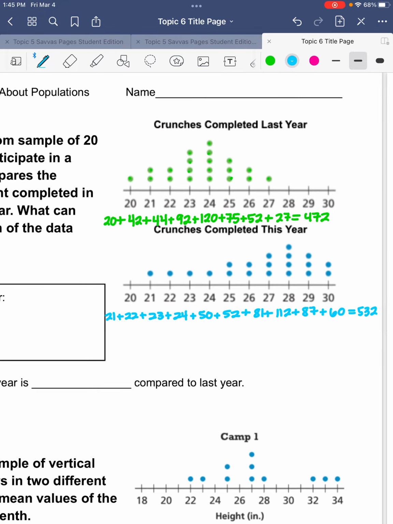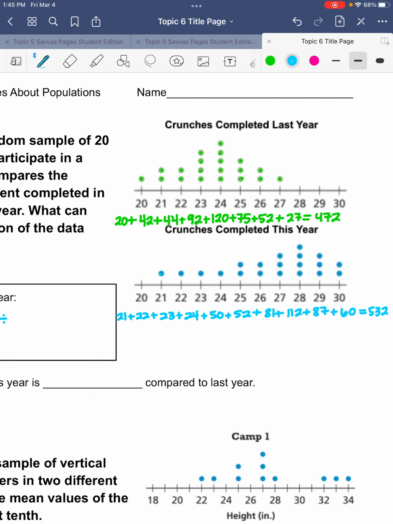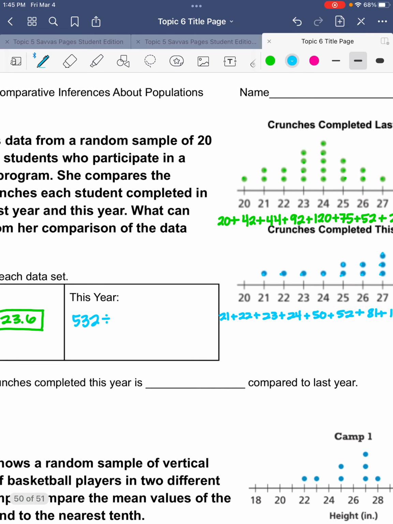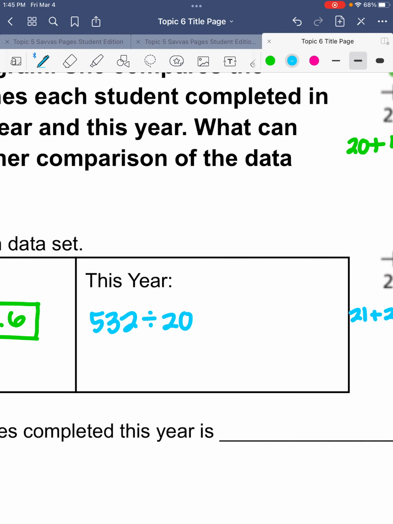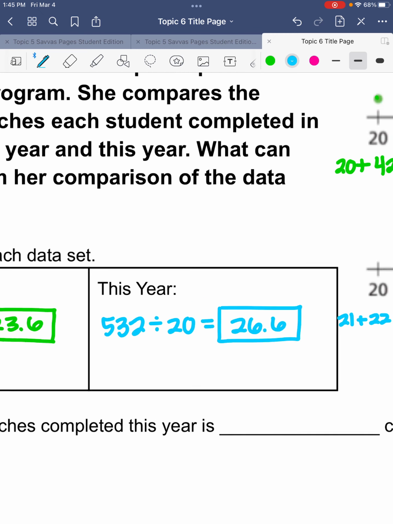I'm guessing it's 20, but I just want to double check. 1, 2, 3, 4, 5, 6, 7, 8, 9, 10, 11, 12, 13, 14, 15, 16, 17, 18, 19, 20. So 20 was correct. And when I put 532 divided by 20 in my calculator, I get 26.6. So 26.6 is my mean.